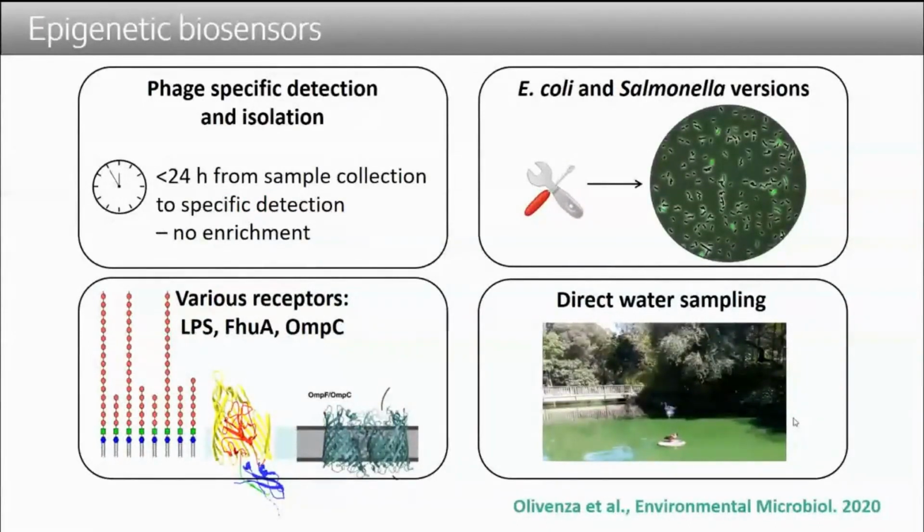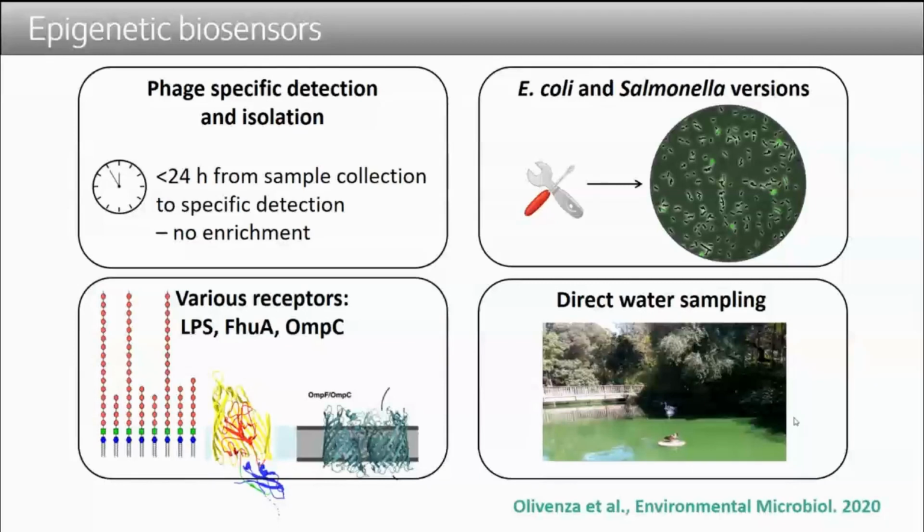So this is almost the end of the story of these epigenetic biosensors. Finally, we got a very good specific detection that helped to isolate phages in less than 24 hours from sample collection to specific detection. And the most important, it's without any enrichment step.